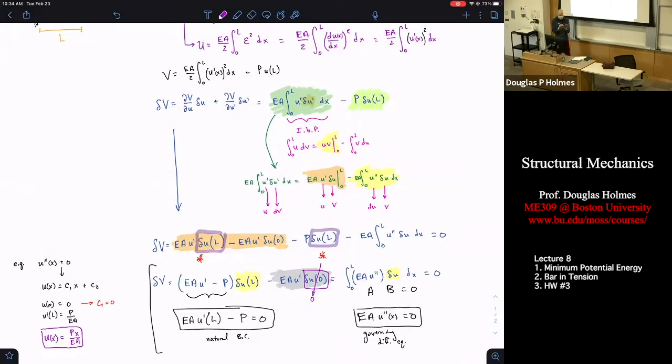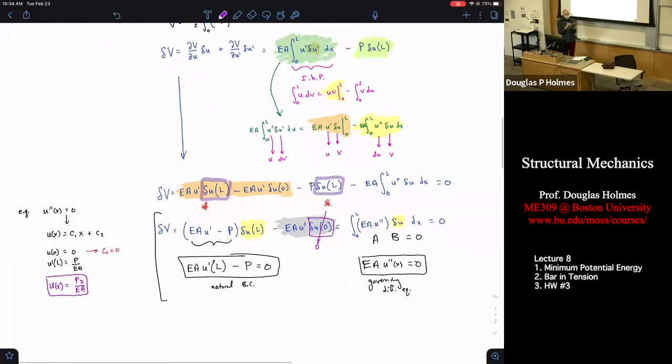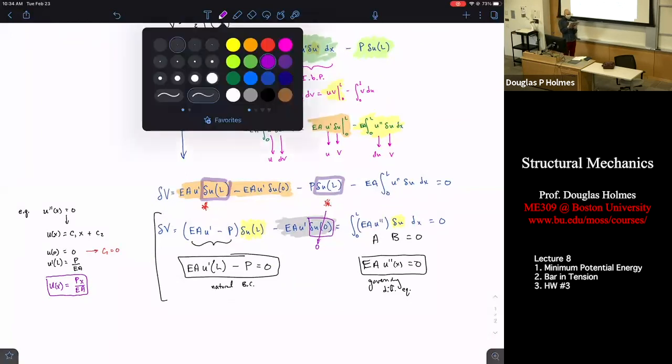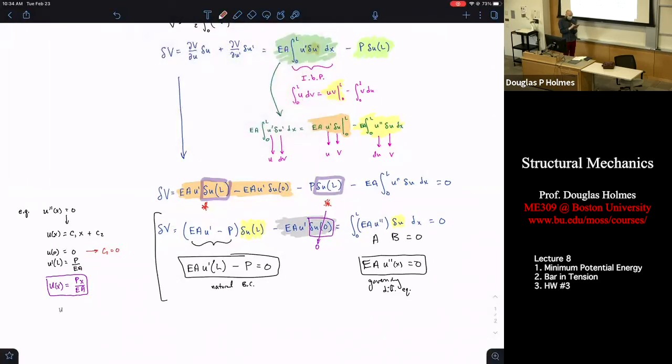We put in x is equal to L, and I'm going to make one more notational faux pas, just for the sake of trying to remind you of something, which is to say that the deflection at the end of the beam is probably what you saw as delta in mechanics of materials.